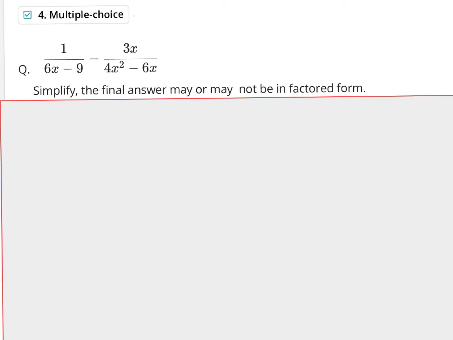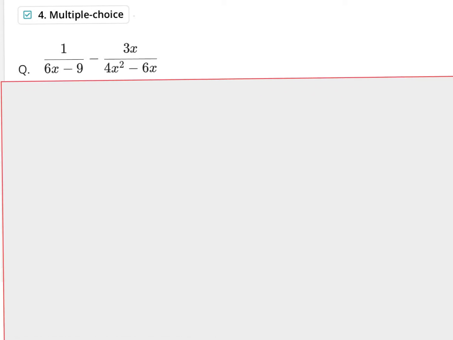So on this question, we're going to subtract two fractions, and we need a common denominator. And the best way to do that would be to factor first, and then identify your LCD. How do you do your LCD? By taking what repeats, writing it down once, and then bringing down everything else. So on the first denominator, we're going to factor out a 3, and what would we have left?